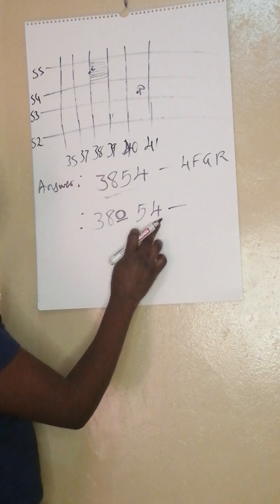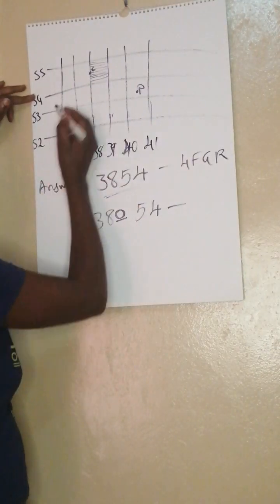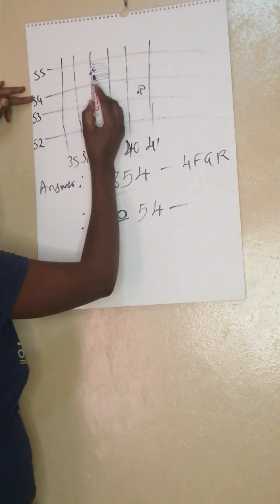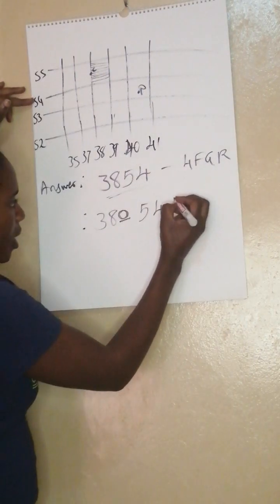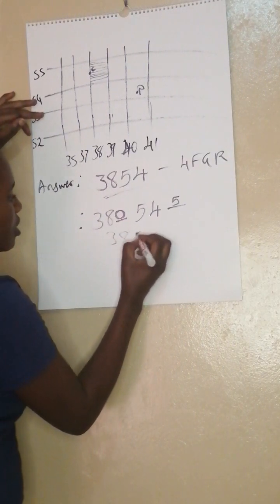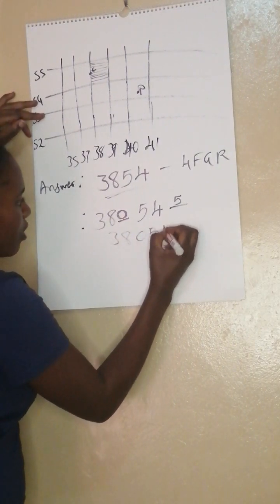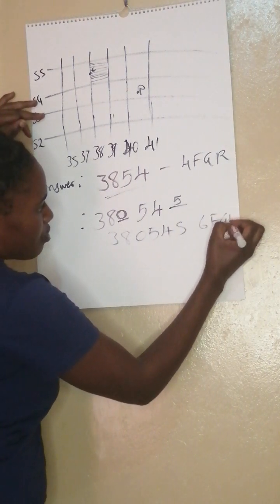Then 54 for northings. Now here I can count. So from here I have 54.1, 0.2, 0.3, 0.4, 0.5. So we have 5 there. So the 6-figure grid reference is simply 38, 0, 5, 4, 5. This is a 6-figure grid reference.